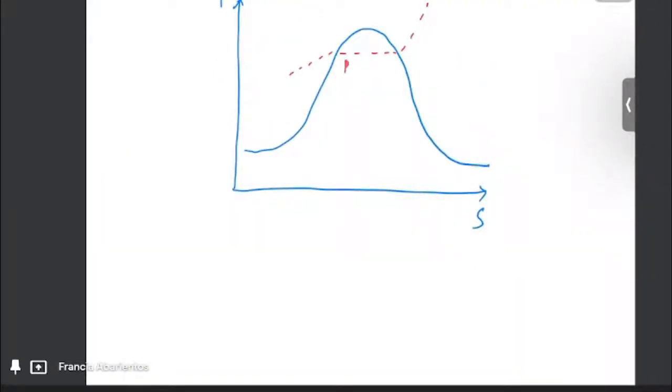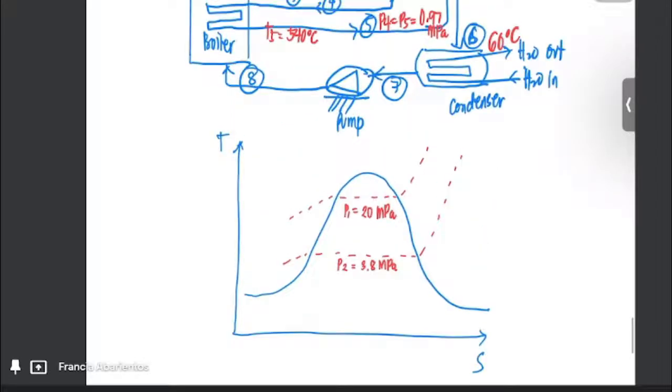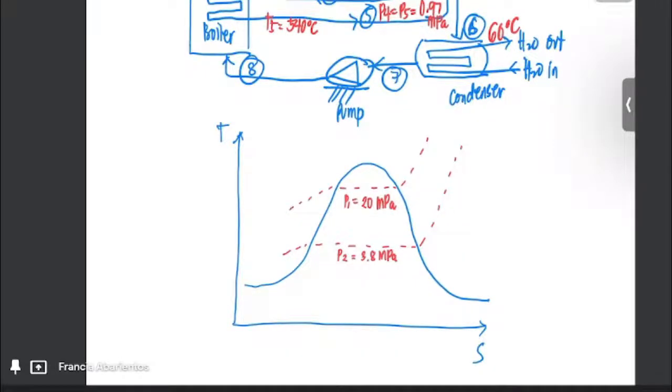Yan yung pressure at point 1, 20. Ano yung pangalawa? 3.8. Yung pangatlo, 0.97.